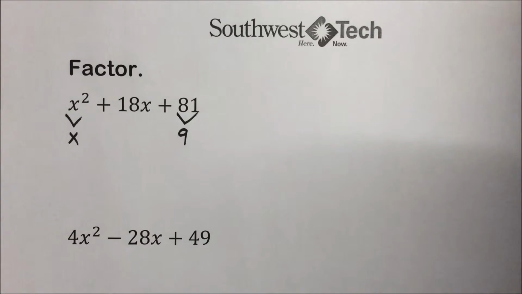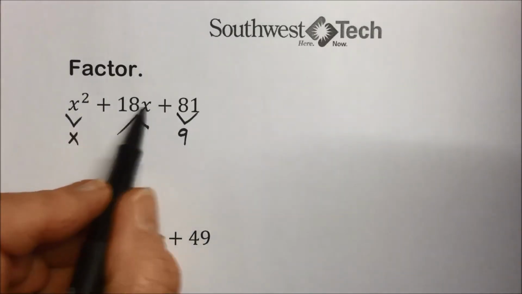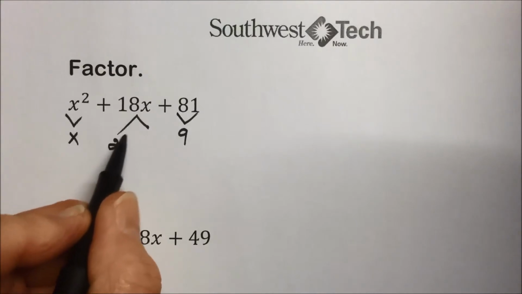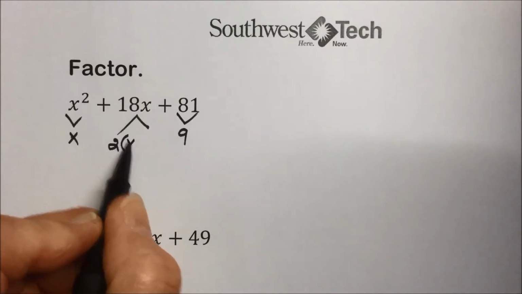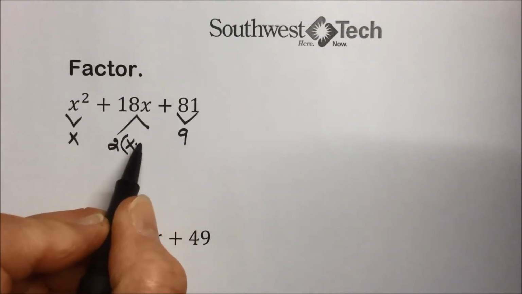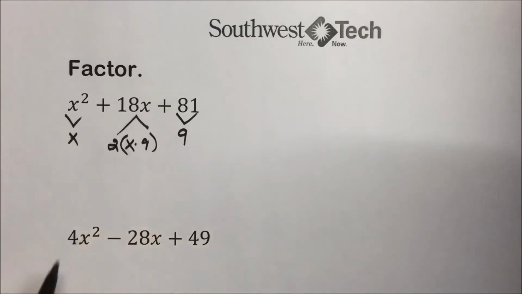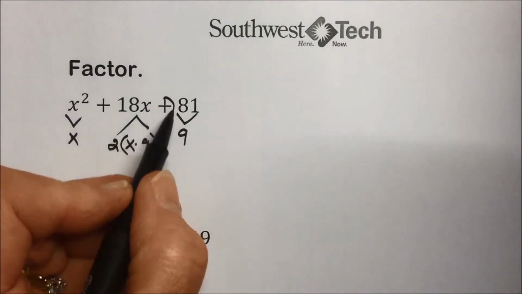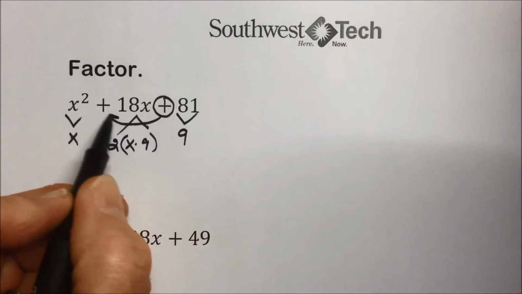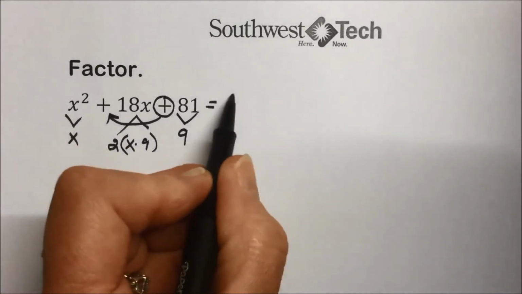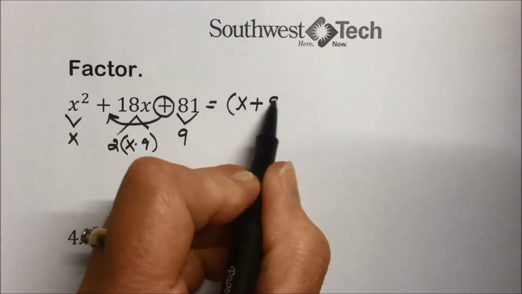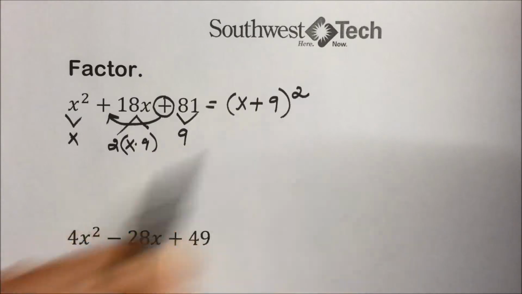To know whether this is a perfect square trinomial, it must pass the test of doubling the product of the square roots of the first and the last term. Well, 2 times 9 times x is 18x, so this is a perfect square trinomial. Both signs are the same.